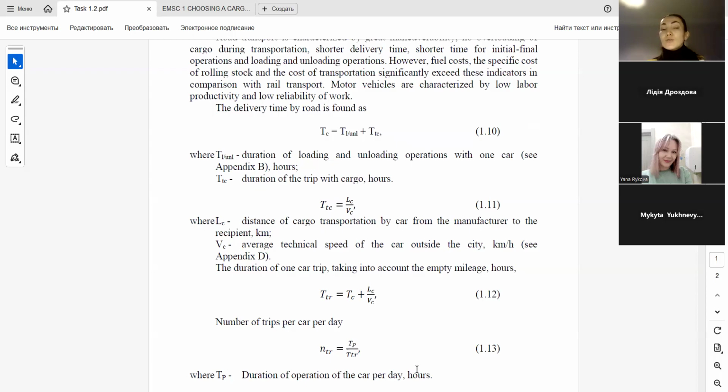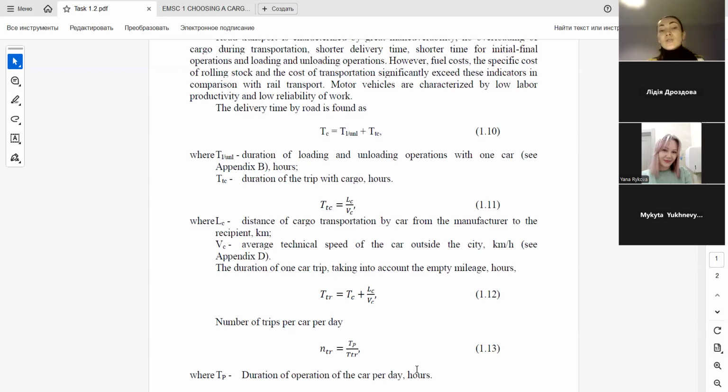So we need to round the number of trips up to the whole number. For example, if we have the result 0.7, it is near one trip, so one trip. If we have the result 1.5, for example, we need two trips per day.